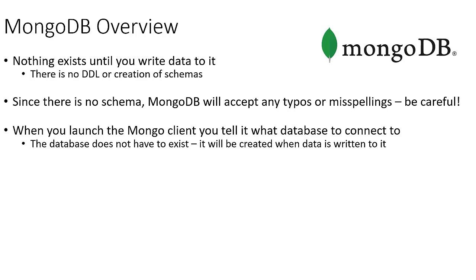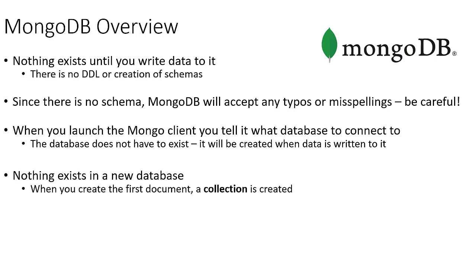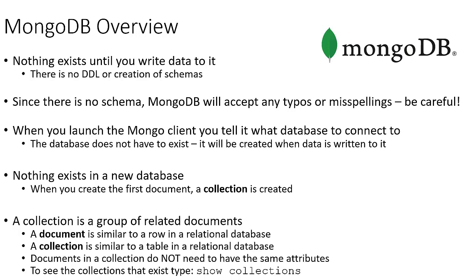Now, when you launch the Mongo client, you're going to tell it what database to connect to. And again, this database doesn't have to exist. It can exist, but if it doesn't exist, then it's going to just be created whenever we write our first document to it. And of course, nothing exists in this new database. And when we write our first document, a collection is going to be created. Now, a collection is just a group of related documents.